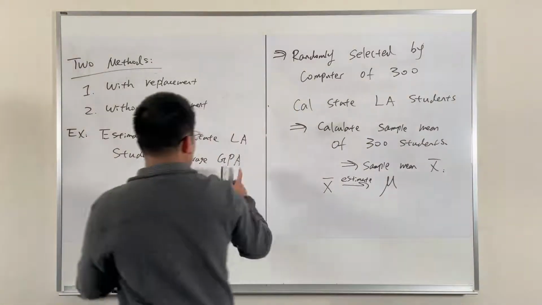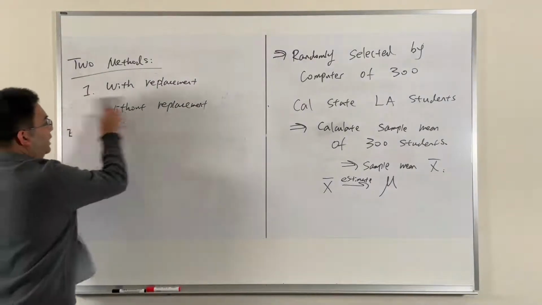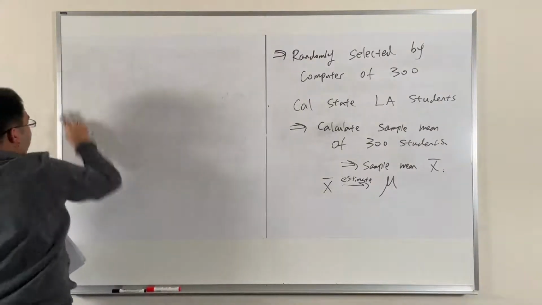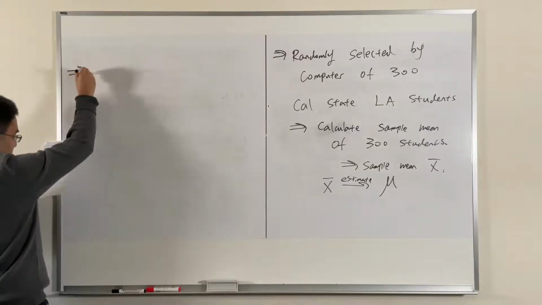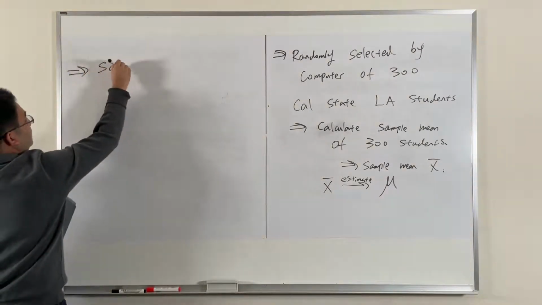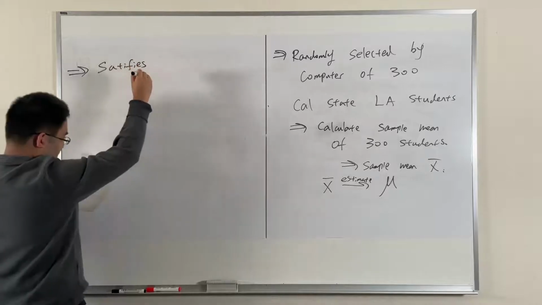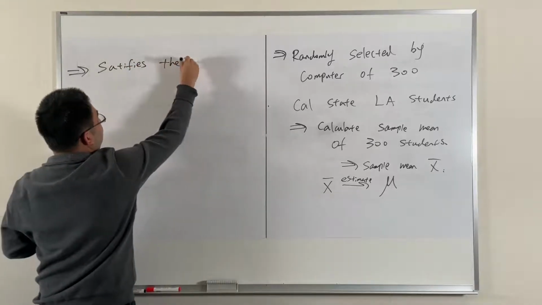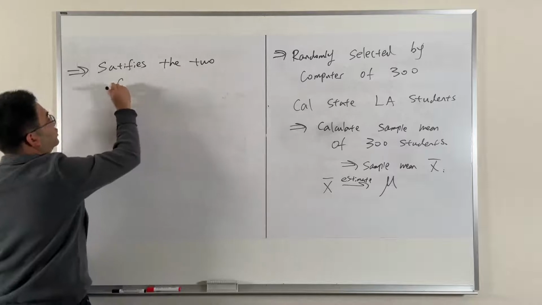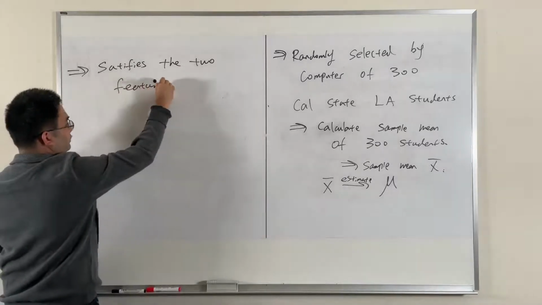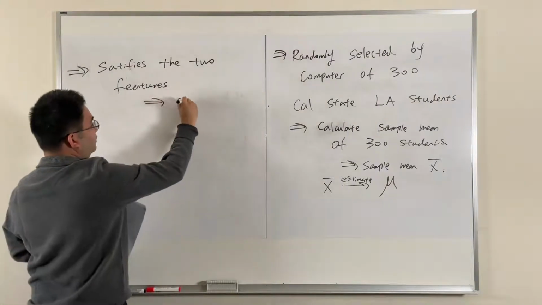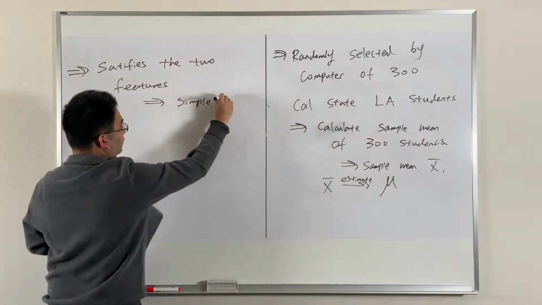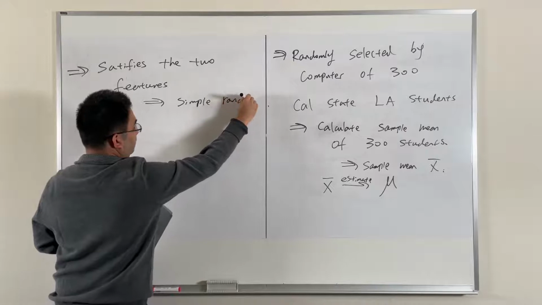Okay, so let me write out what I said, the conclusion, right? Since this approach satisfies the two features that we discussed, this is a simple random sample.